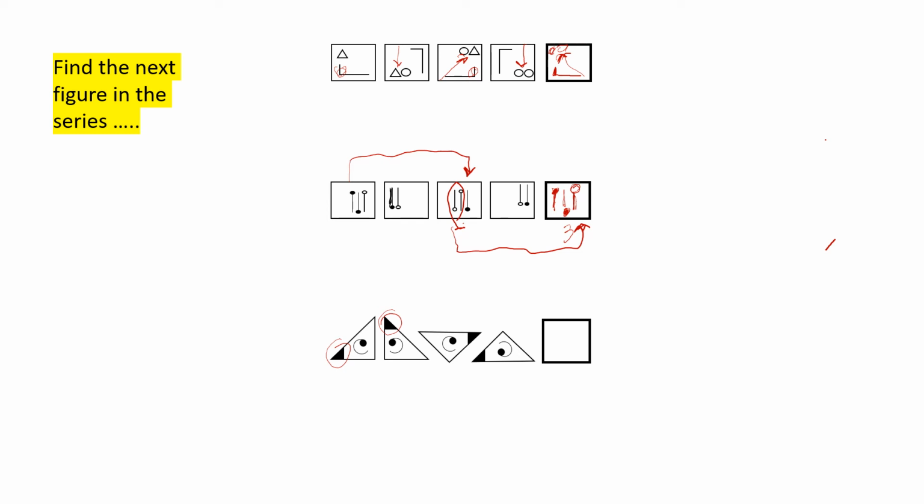Just looking at the shaded tips, from the bottom it moves up, and then it moves down in a circular motion, like a clock. So clockwise, and then from in here it moves clockwise, and then it goes down like so.